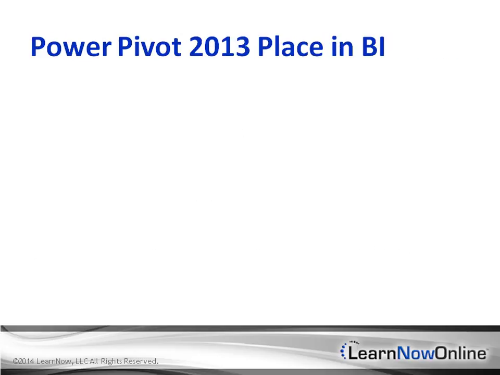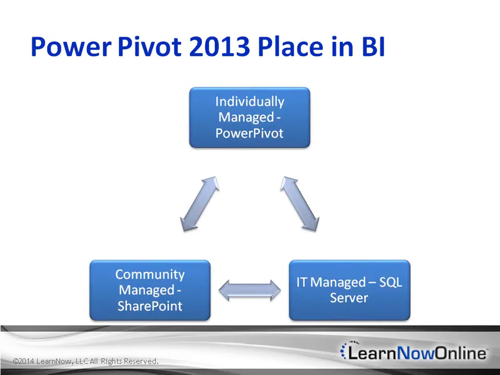So you're probably wondering right now, where is the place of Power Pivot 2013 in all of this structure of BI, business intelligence? Well, there are three usually known initiatives: the individually managed, community managed, and IT managed. What do these really mean? Power Pivot is the glue that allows all of these to interact together.